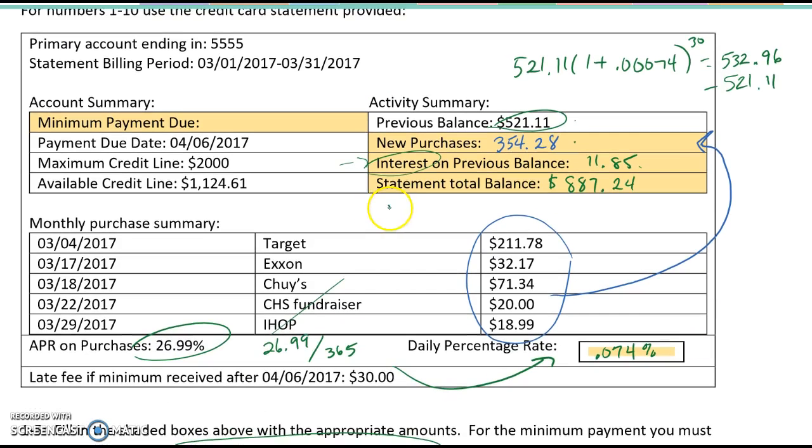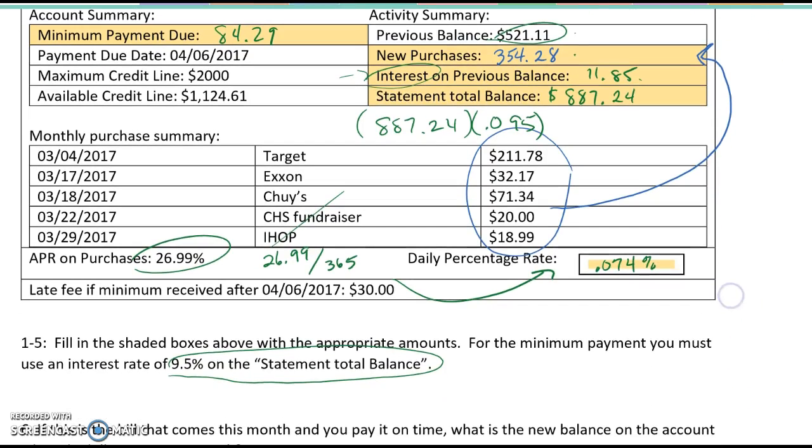So in the calculator, you're doing 887.24 times 0.095. And that's going to be our minimum payment. So I'm getting $84.29.